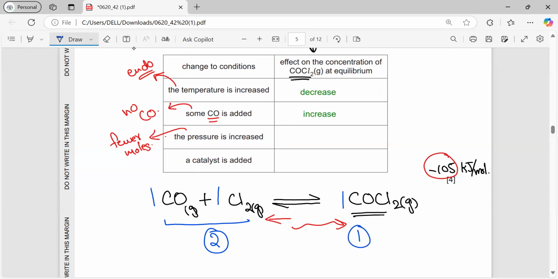So the system will move forward, and the concentration of carbonyl chloride will increase. And the catalyst has no effect, no change on the position of equilibrium. It only affects the rate.